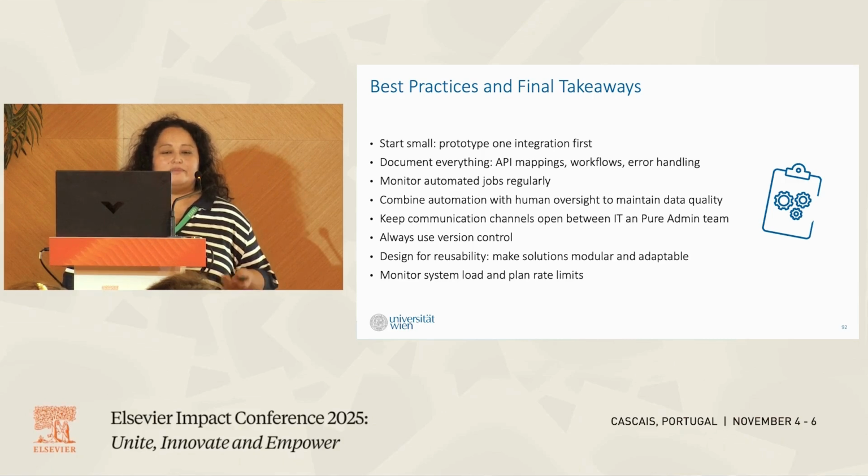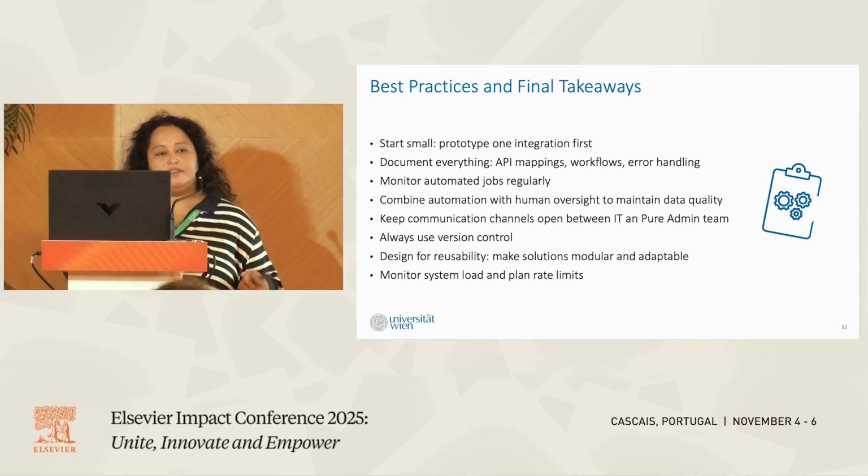Then we suggest that you combine the automation with human oversight, so that you are always looking over the data that you import and export to maintain the data quality. And what I mentioned many times is to keep the communication channels open between the IT department and the Pure admin team.